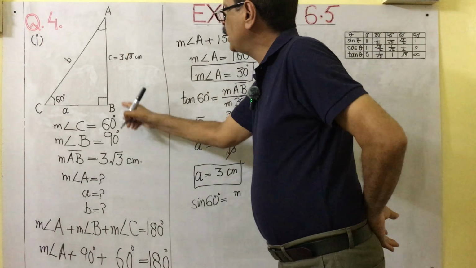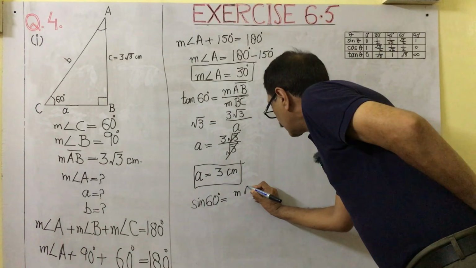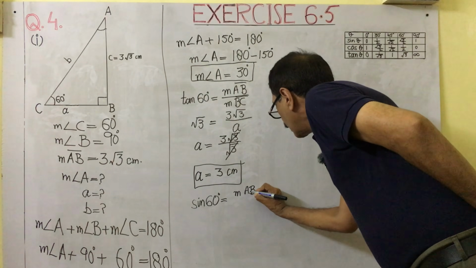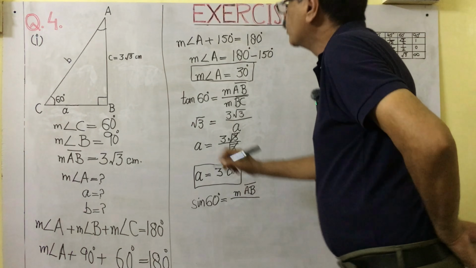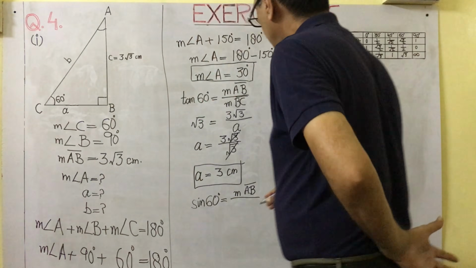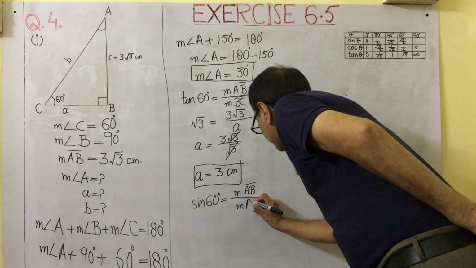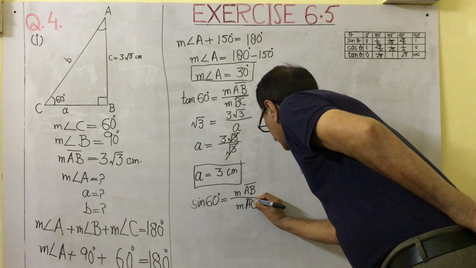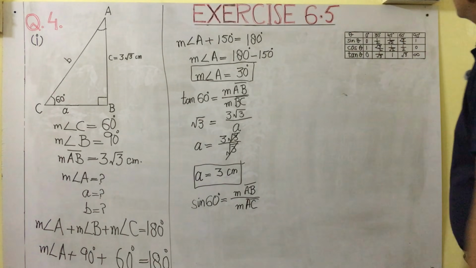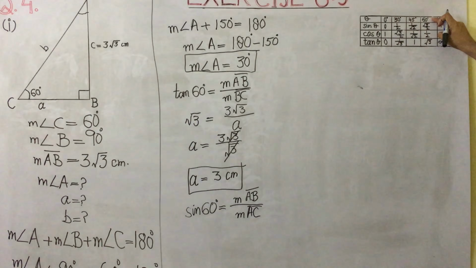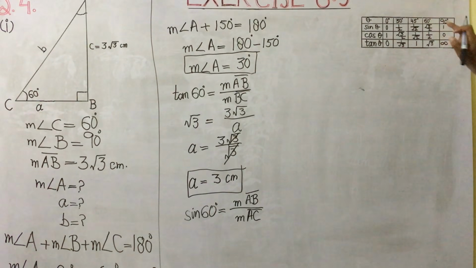Perpendicular is AB over hypotenuse AC. Sine of 60 degrees is square root of 3 by 2.